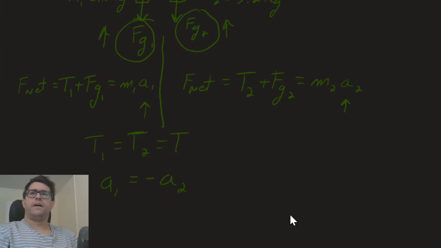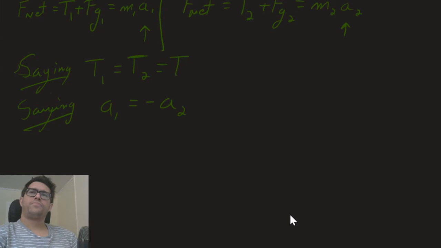Okay, so by saying this and by saying this, we will come back to those ideas in a minute. So first off, we'll just write: the tension is equal to, so for the first half, tension is equal to M1 A1 minus FG1.